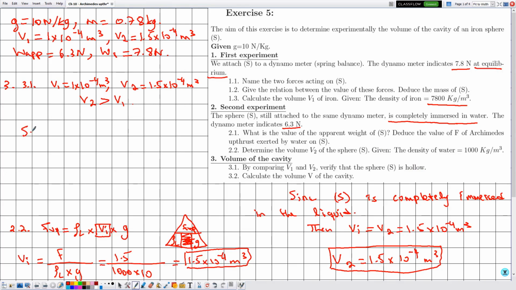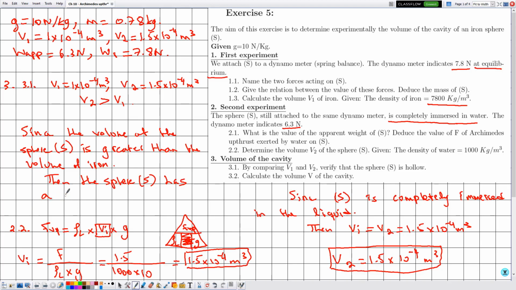Then let's say since the volume of the sphere is not equal, or let's say is greater than the volume of iron, then the sphere S has a cavity.